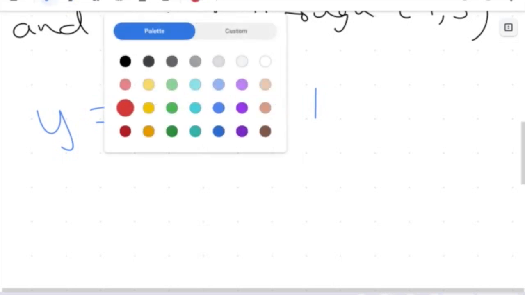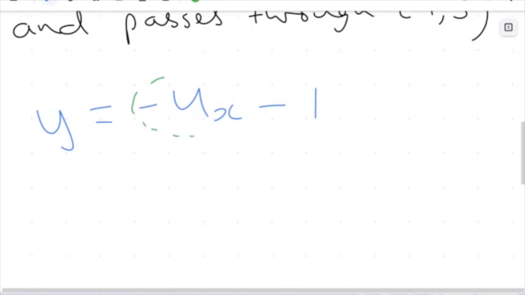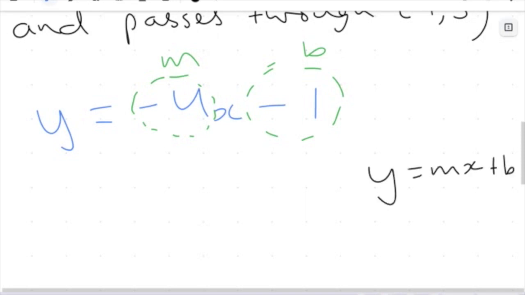So the characteristics of this line, we know it has a gradient of -4 and it has a y-intercept of -1. Or this b. So y equals mx plus b. And because that equation definition is so important, I'm even going to write that on the side here. All lines we can express through this gradient intercept form of y equals mx plus b.